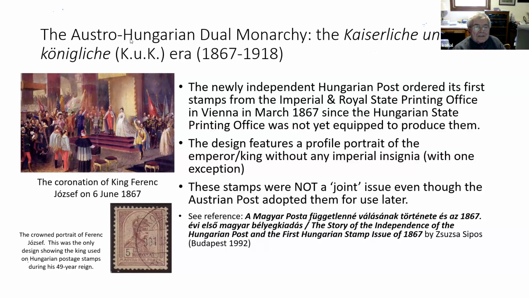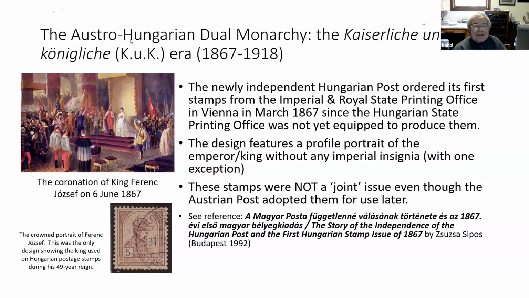The various printings and perforation and watermark varieties exist, but it was a singular design. The Hungarian post preferred to use the national symbol, the crown, on postage stamps. So when the compromise took effect in early 1867, the Hungarian post was on the verge of becoming independent, so they ended up ordering stamps from Vienna because the Hungarian state printing office was not yet equipped to produce them.